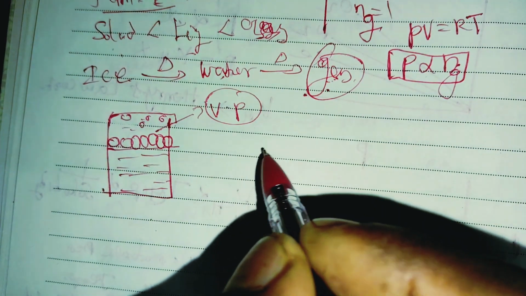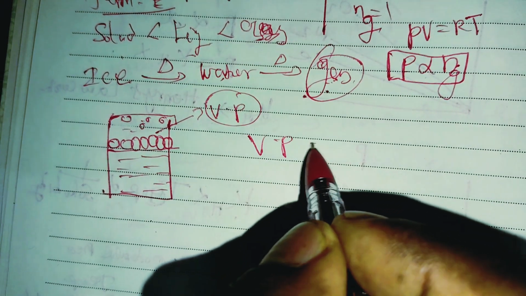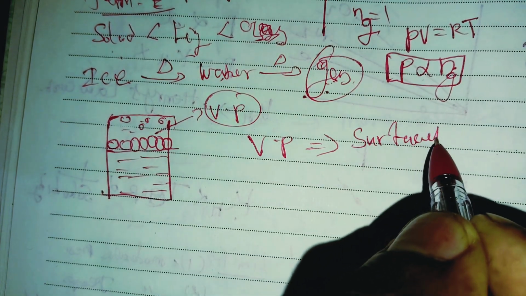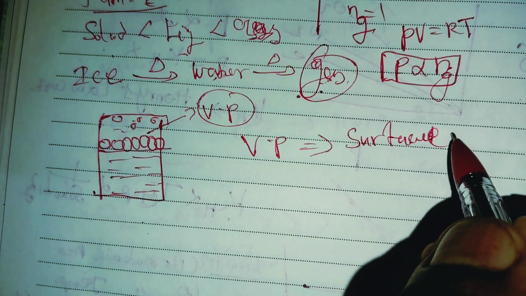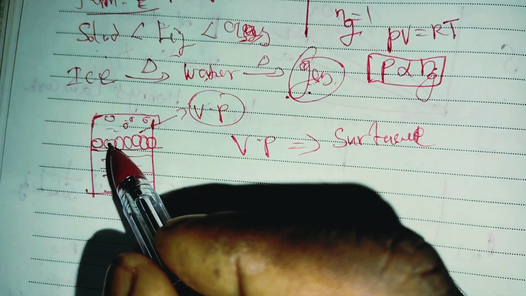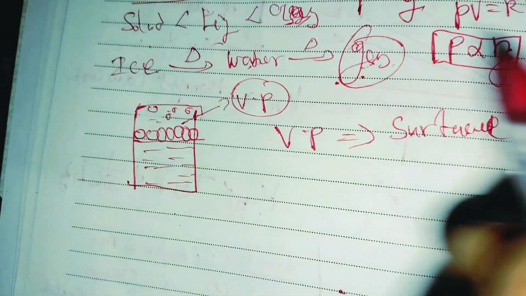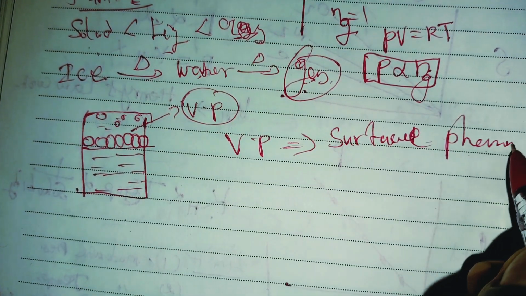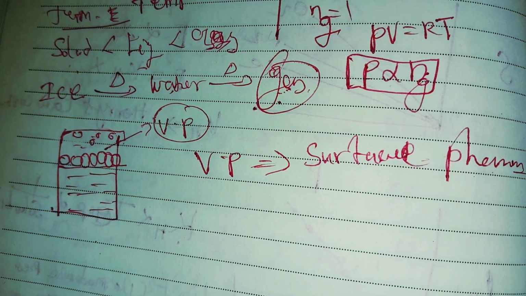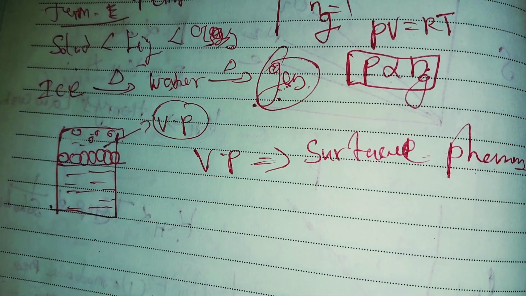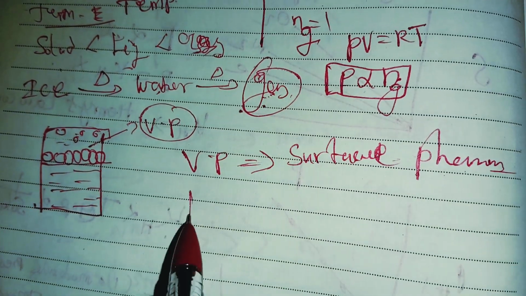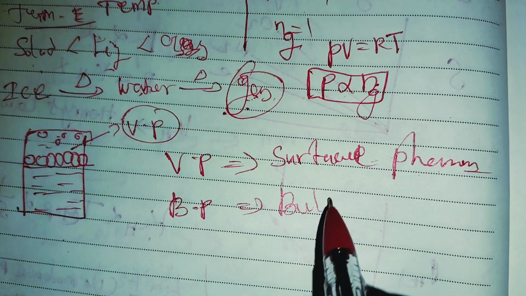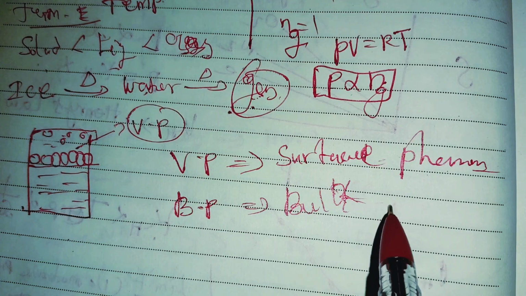Vapor pressure is a surface phenomenon, because the molecules on the surface of the liquid are converted into gas. Next, the boiling point is a bulk phenomenon.